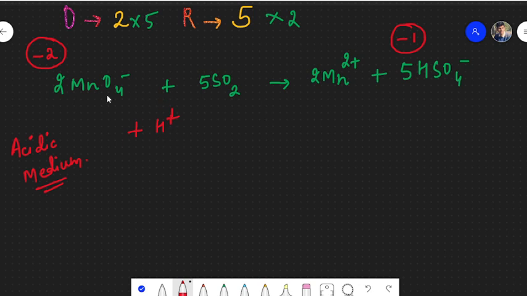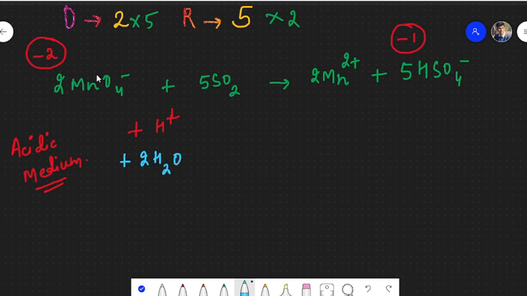Now to balance hydrogen on both sides, we have to add water molecules. Let's see the difference in hydrogen. On the reactant side we have only one hydrogen, and on the product side we have 5 hydrogen. So there is a gap of 4 hydrogens, and 4 hydrogens will be balanced by 2 water molecules.